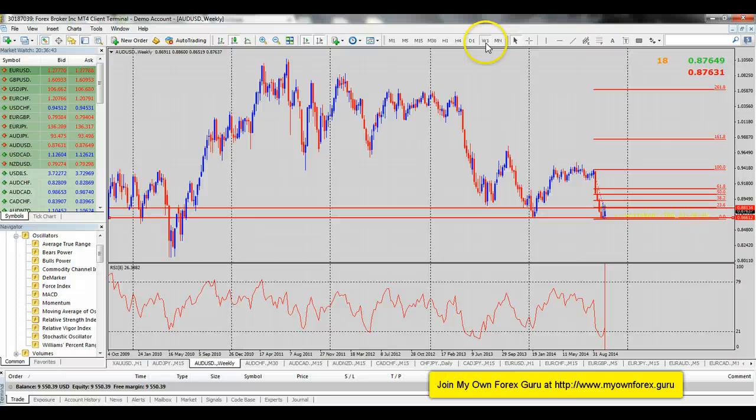Let's go into weekly view. This pair was down in 2010. It broke through this level, and honestly I don't think it's going to break through this level because the market conditions are not what they were back in 2010. So this might bounce and go back up again.